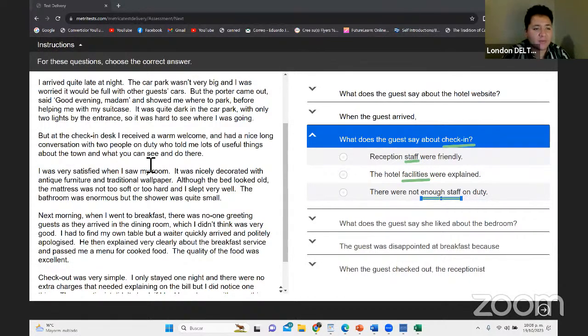Okay, so it says, but at the check-in desk, here's my keyword, check-in desk, I received a warm welcome and had a nice long conversation with 2 people on duty who told me lots of useful things about the town and what you can see and do there. Okay, so choose the option. I think the answer here is obvious, right?